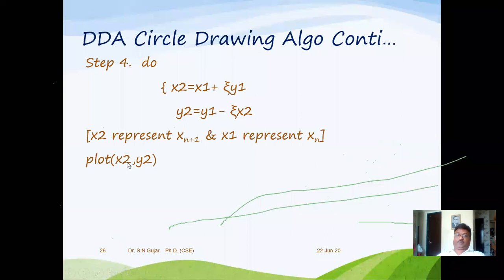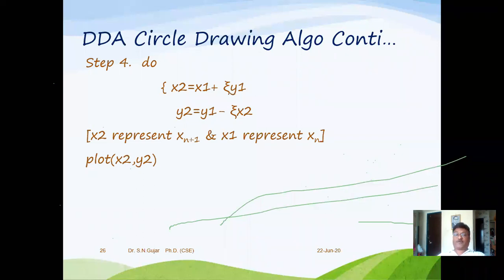Means in the loop you have to use this plot. The plot I have replaced in the program with a function, that function is put pixel. So put pixel x2 y2 with the color. Plot has only 2 parameters and put pixel has 3 parameters, x2, y2 and color. But in this circle drawing algorithm, you don't use this plot directly.